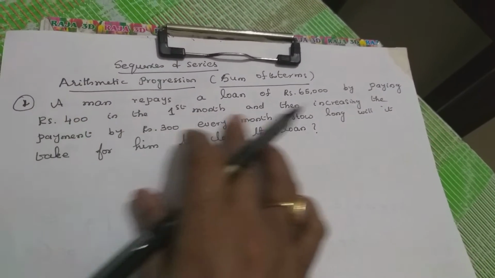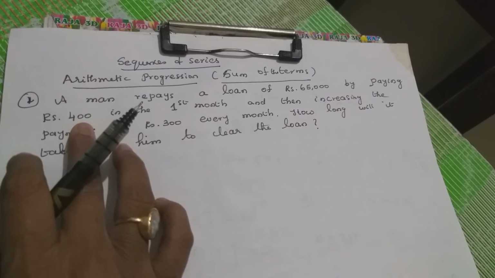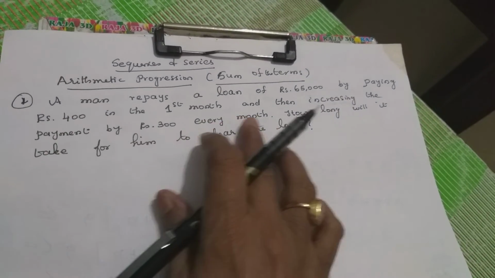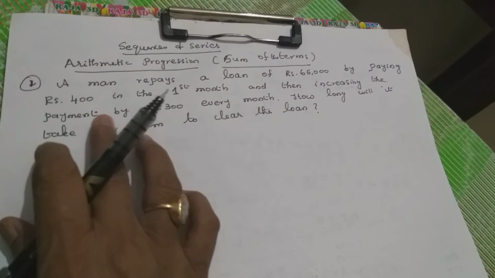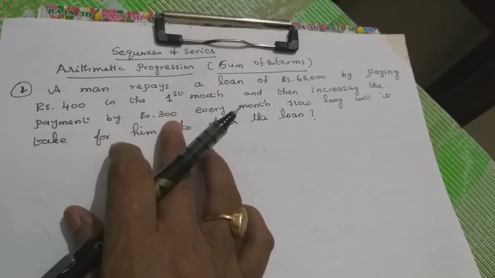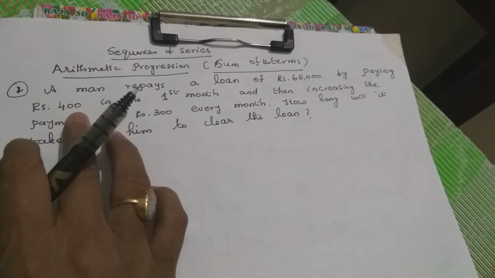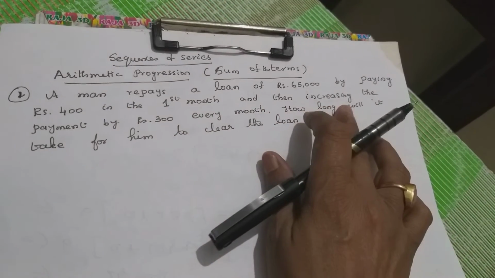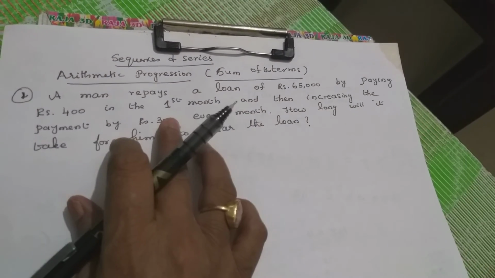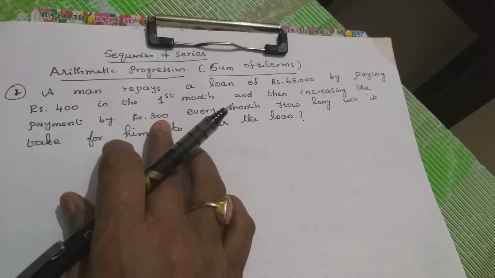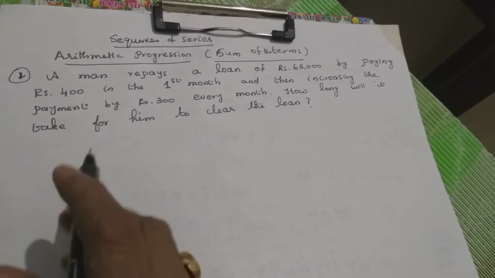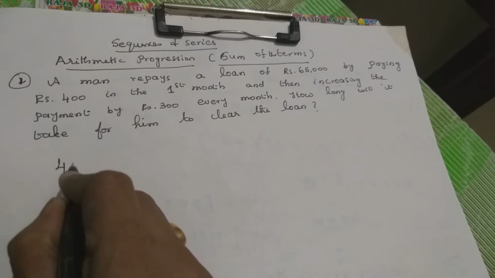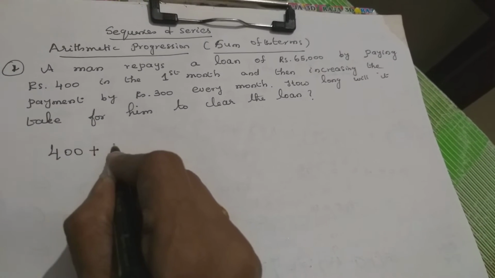Here he is paying 400 in the first month, then increasing the payment by rupees 300. From the second month onwards, every month he increases the amount by 300.